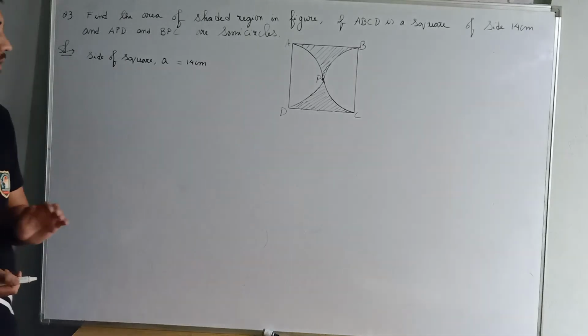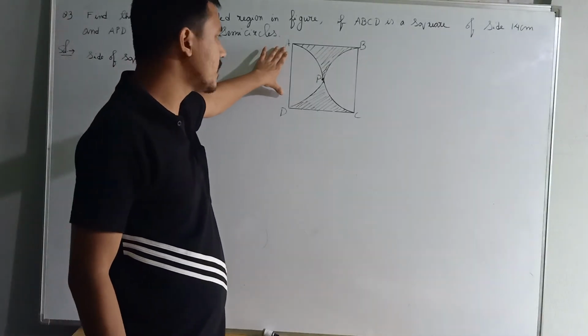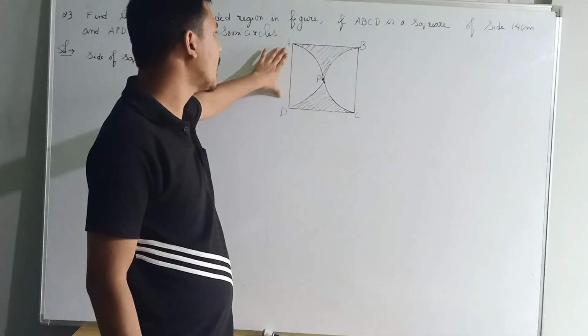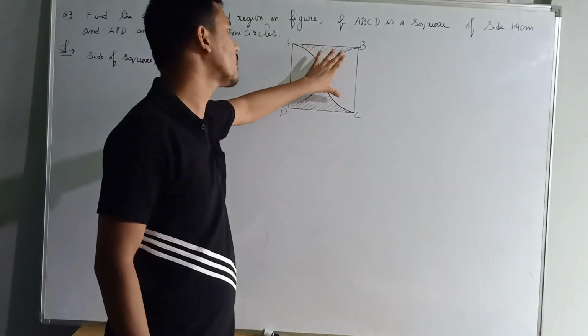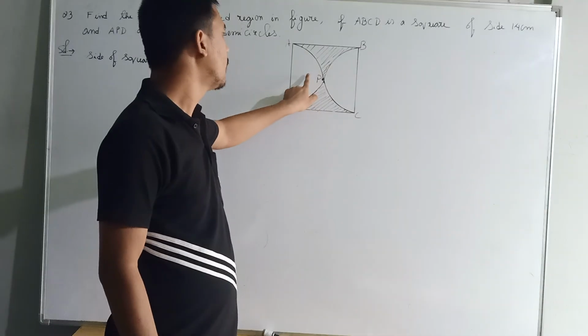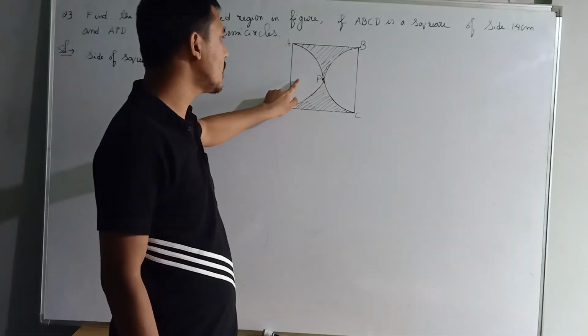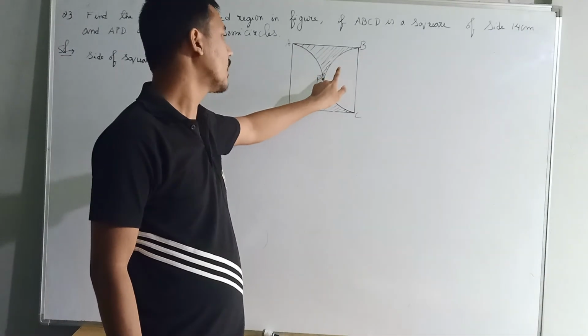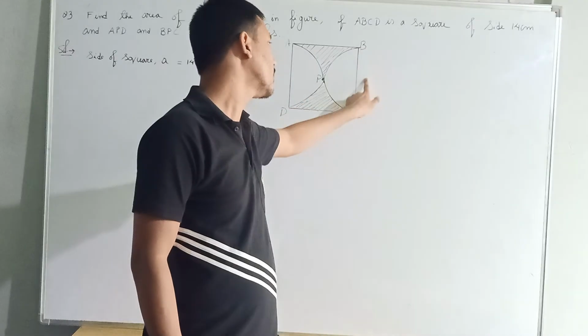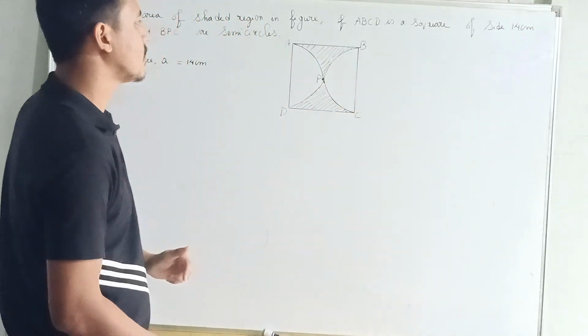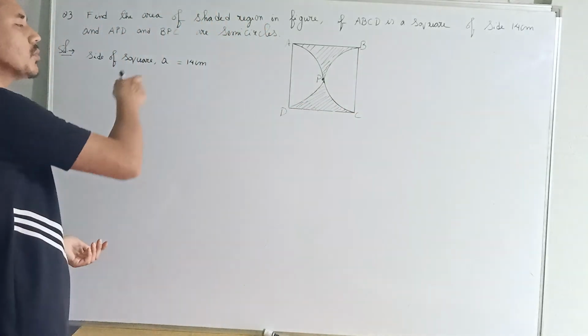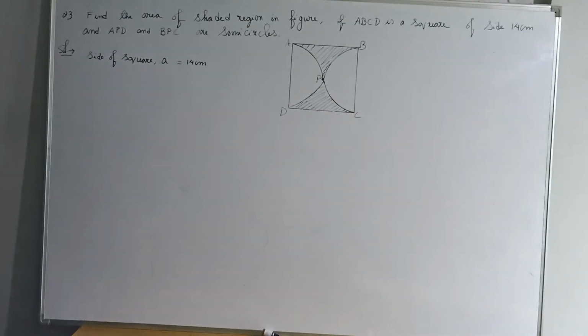Now, this side of the square gives the diameter of each of these semicircles. For this semicircle, the side of the square is your diameter, and for this semicircle also, the side of the square is your diameter. Now, how do we know that these two semicircles are equal?